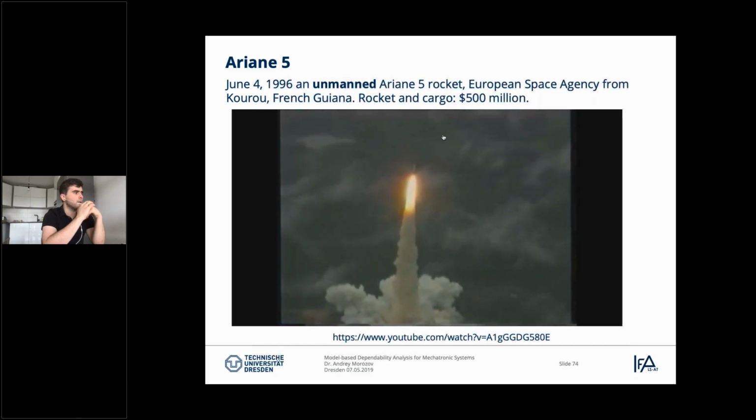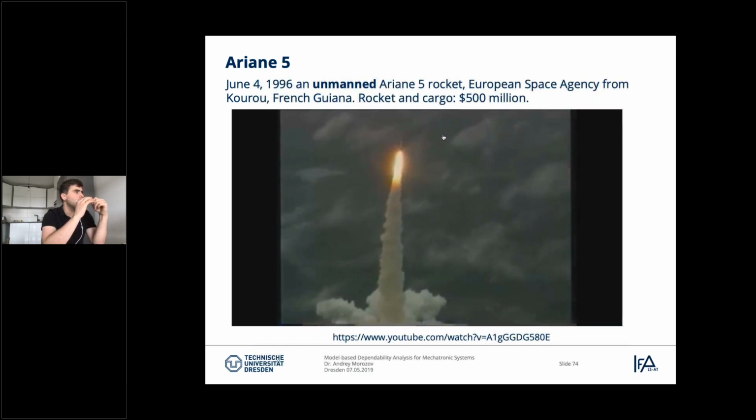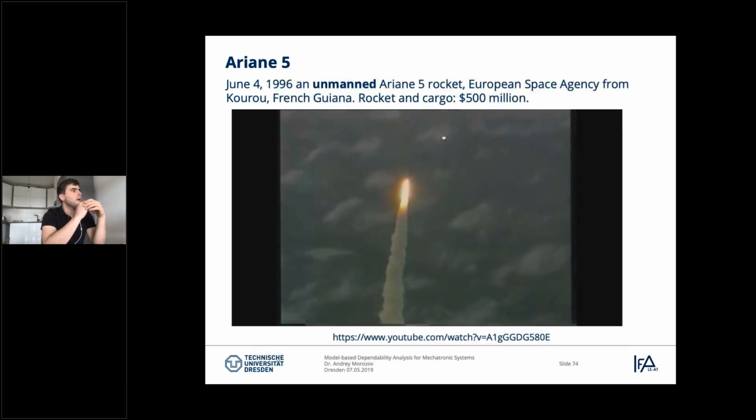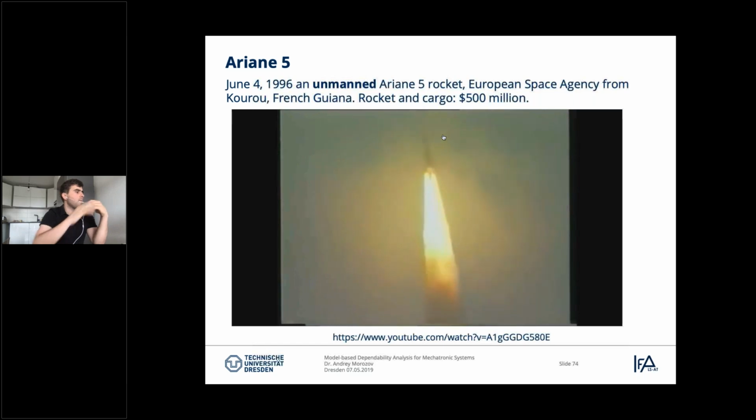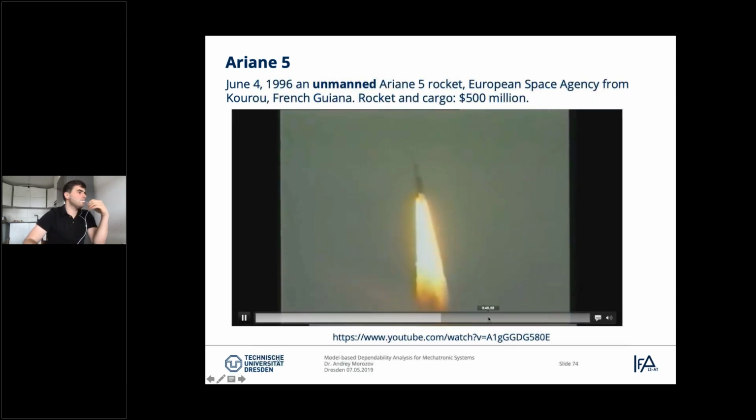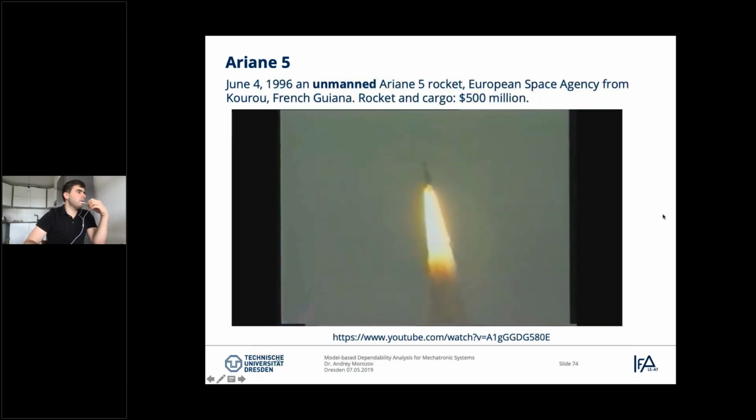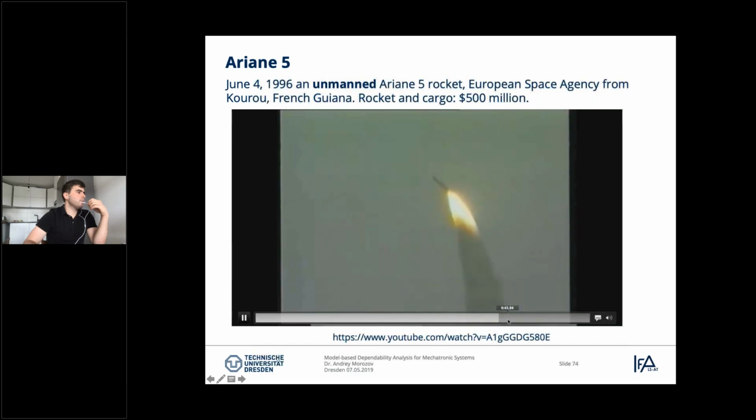Let's wait, there should be some boom. You see that the rocket lifts, everything's fine, but at some point the trajectory goes really in a wrong way, and then there was this big explosion.